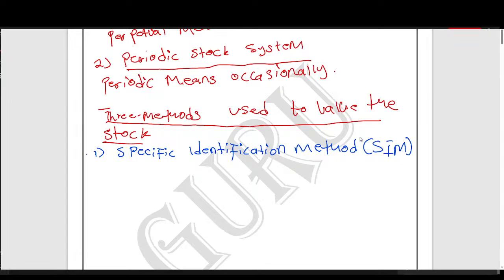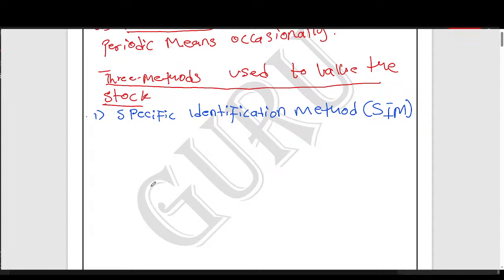In the specific identification method, like I was saying when I started, I like to start with the theory first. We need to understand what is happening in the specific identification. Specific identification is the simplest method of valuing stock, because each item is given its own cost price.